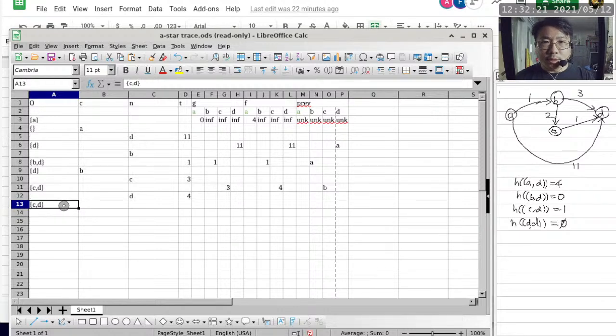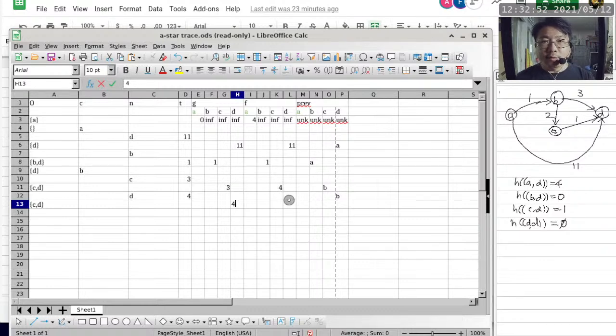Next thing we do is to update the previous. The previous of D was A, because that was the first path that we found to vertex D. But now that we have found a shorter path, we have to update the prev of D so that it is now B. There we go. And then we update the G value, copied from the local variable T, which is 4.